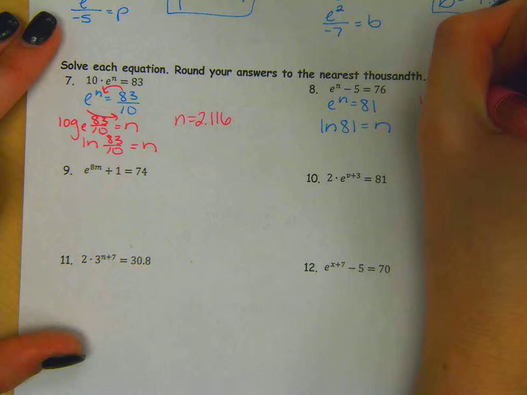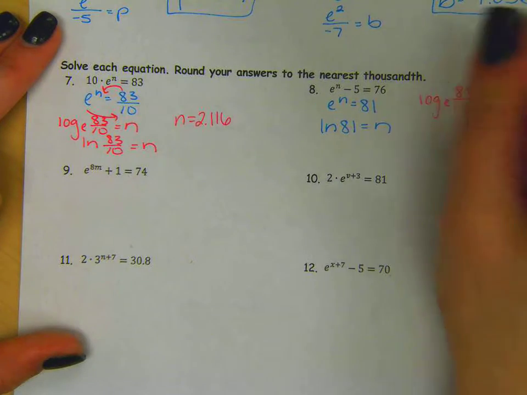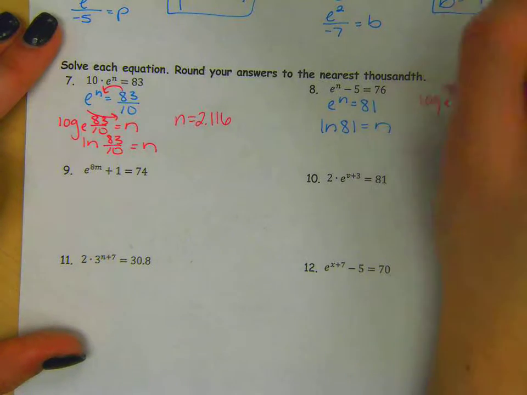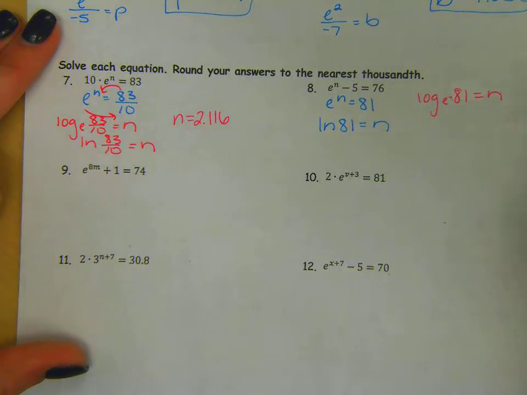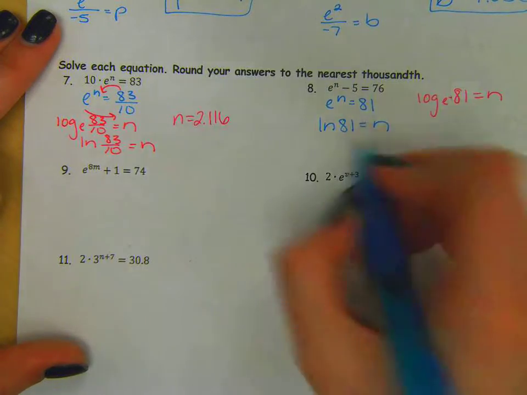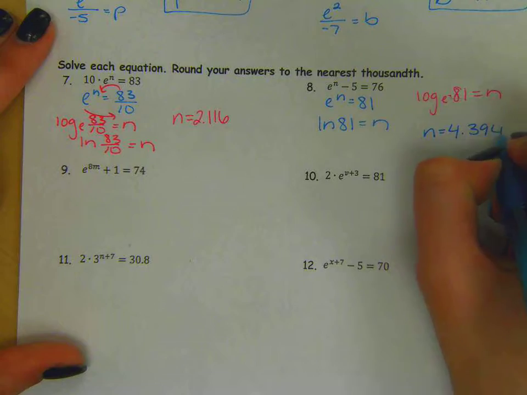Log base e of 81 equals n. Log base e is the natural log. Put the natural log of 81 in our calculator, we end up with n being equal to 4.394.